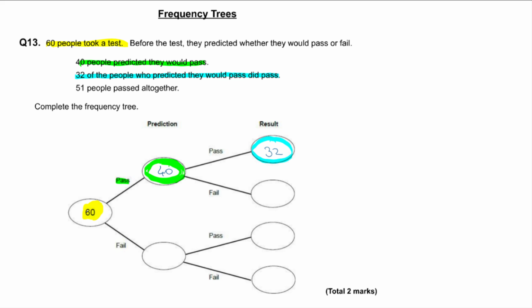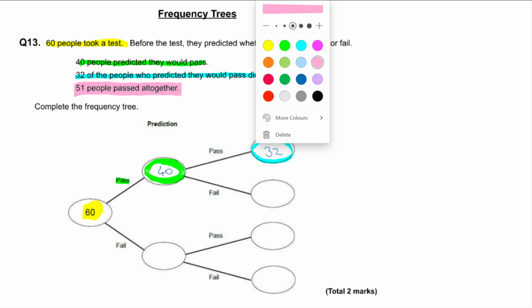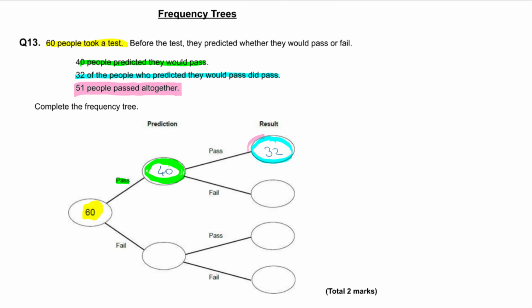Okay. Now the next line says 51 people passed altogether. Now that is this circle and this circle combined, isn't it? They're the ones who passed altogether. So either they thought they would pass and they did pass, or they thought they would fail and they did pass.